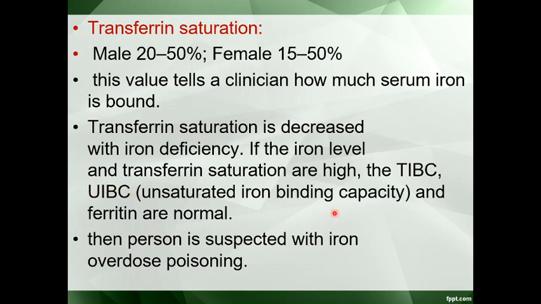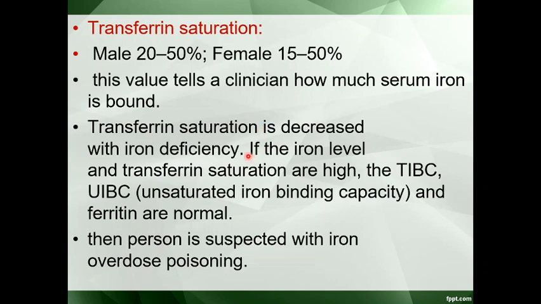If the iron level and the transferrin saturation are high, and the TIBC, UIBC and the ferritin are normal, then a person is suspected of iron overdose poisoning. Now you see there is a condition here.